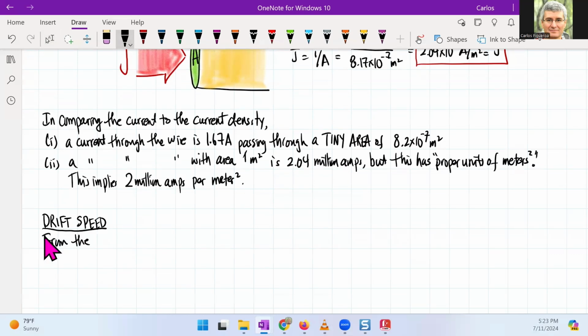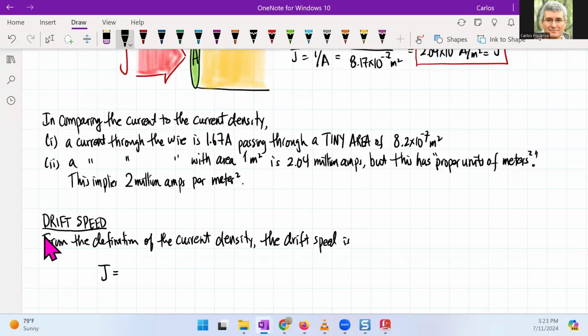From the definition of the current density, the drift speed is then going to be, so this is the current density, and it's directly proportional to the velocity.